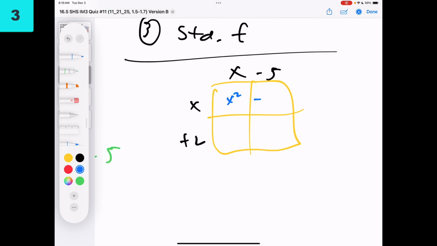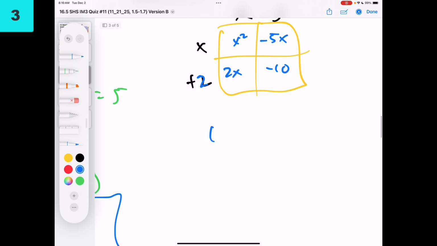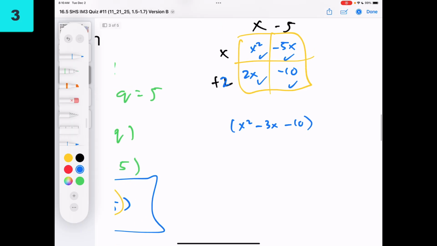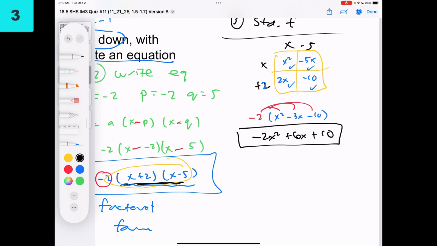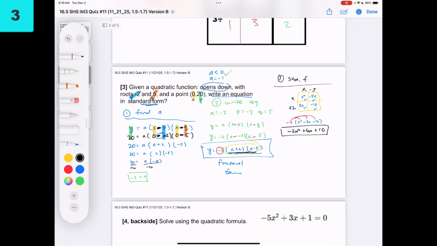So x squared, -5x, 2x, -10. So x squared, add those, minus 3x, minus 10. Okay, that's what you do here. Now don't forget the -2. So now I'm going to distribute the -2. -2x squared plus 6x plus 10 is now my equation in standard form because there's no parentheses.